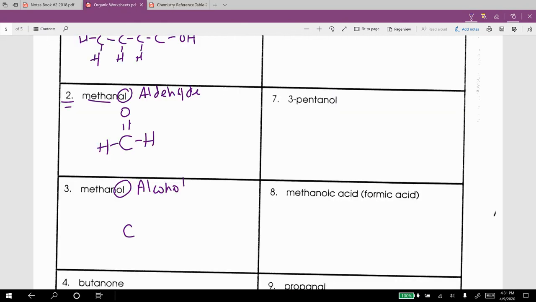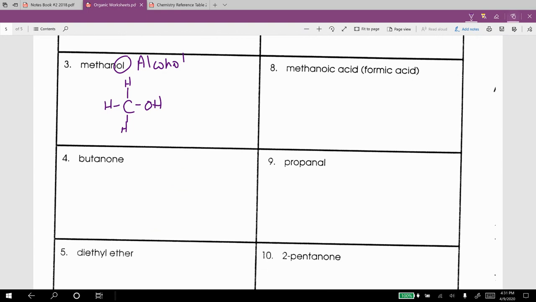So now I'm just going to draw the OH. But that's not methanol. I got to make sure that every carbon has 4 bonds around it, right? And then what's on the end of those 4 bonds? Hydrogens.